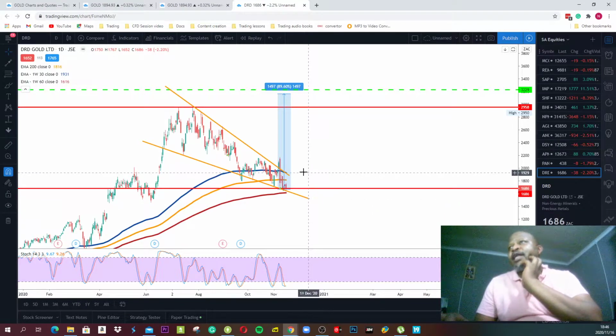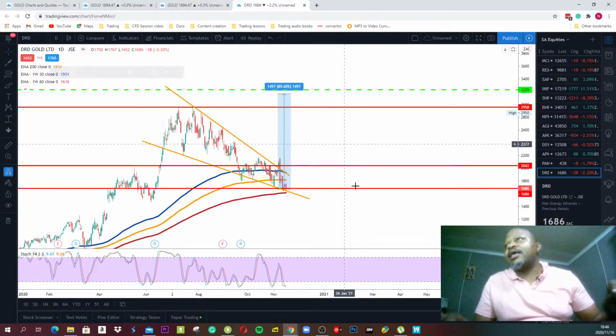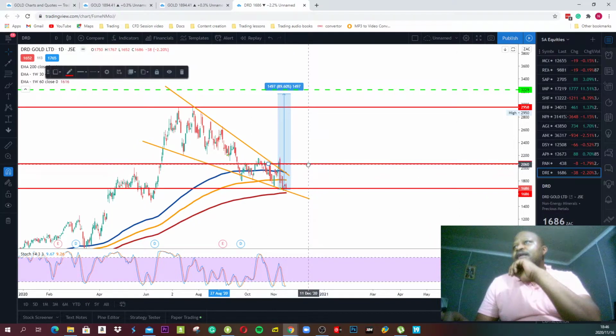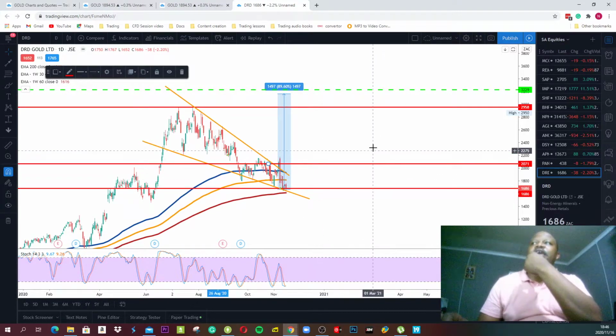And my entry is a breakthrough there, to break above the 20 rand level, looking to target the 29 rand level with a stop loss of around 16 rand, risking about 4 rand to get about 9. So that's a decent risk reward ratio there.